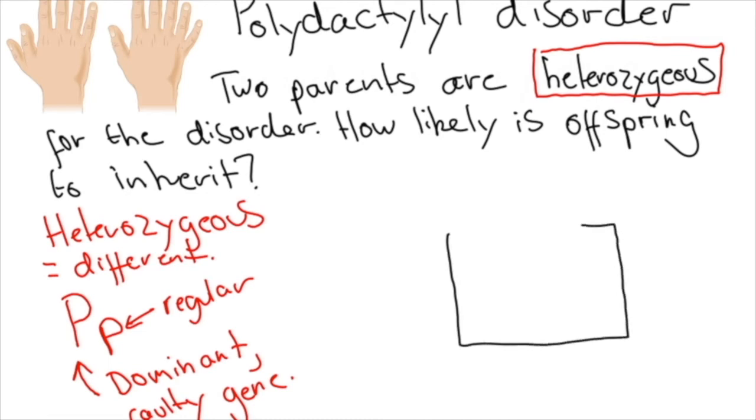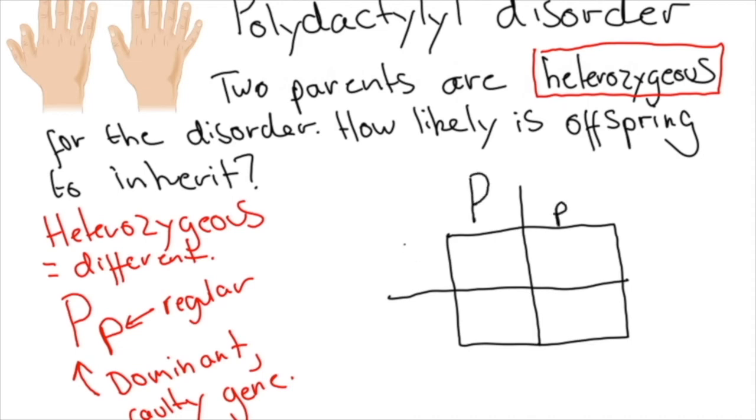So then we can use one of our genetic diagrams to predict the inheritance for this. Just as we've done before, it's a case of drawing these grids and then splitting up my two alleles, my capital P for my dominant polydactyl gene and my little p for a regular gene. And then we can combine these.